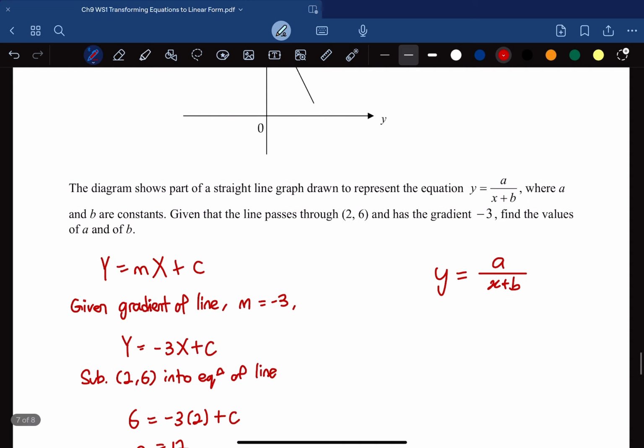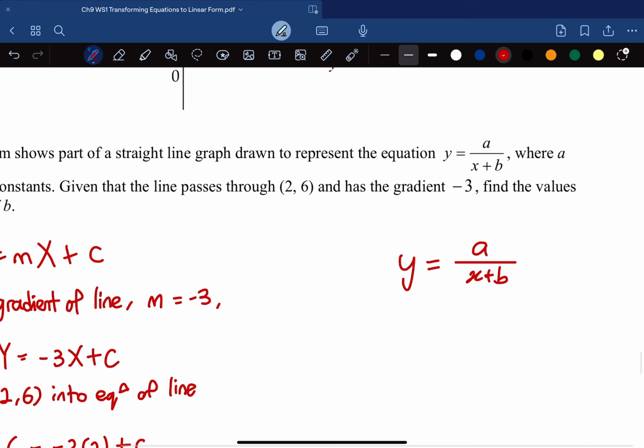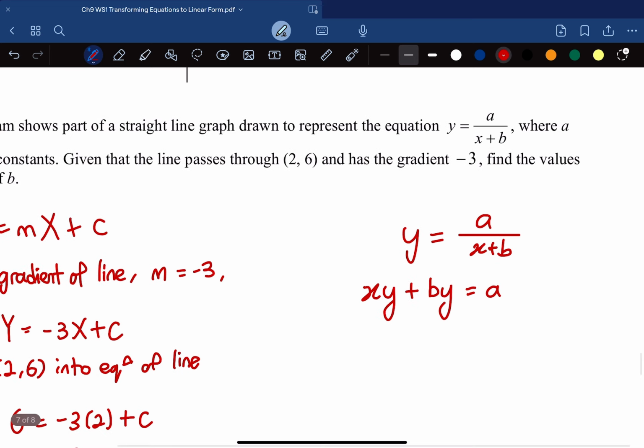So I need to convert this equation into this form here, whereby my y-axis is xy, my x-axis is y. So if I cross multiply, xy plus by equals to a. Then from here, I rearrange the equation. xy equals to negative by plus a.